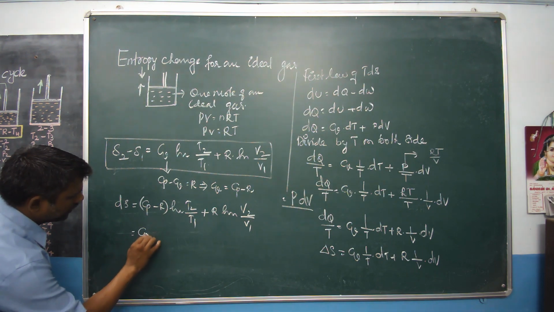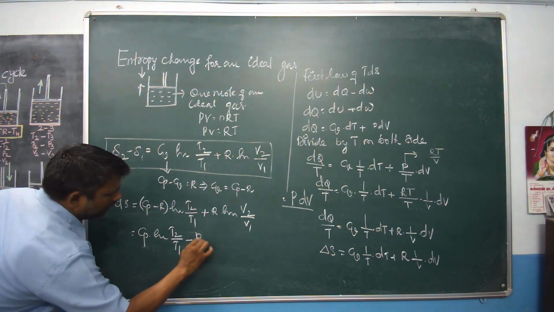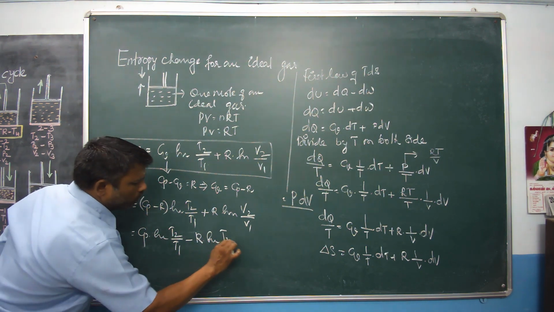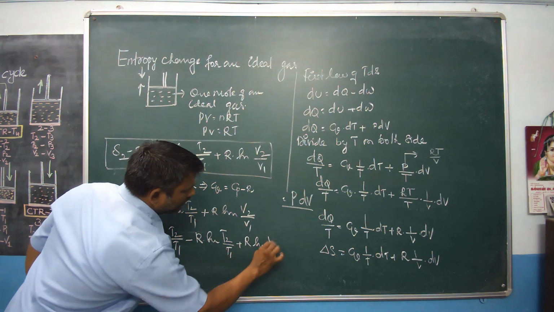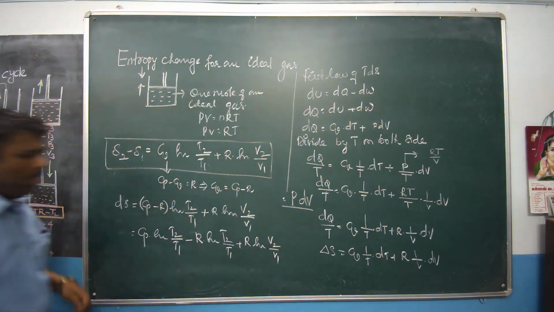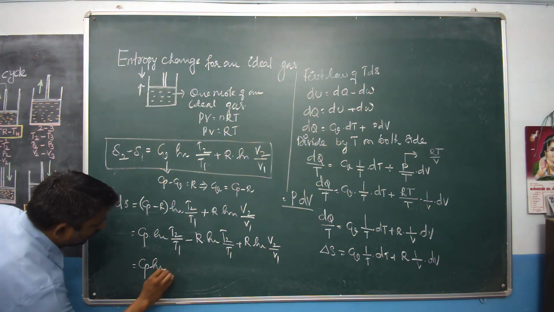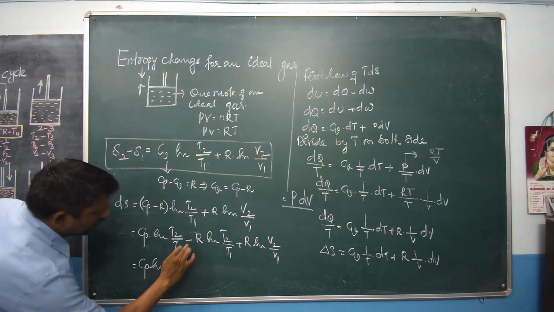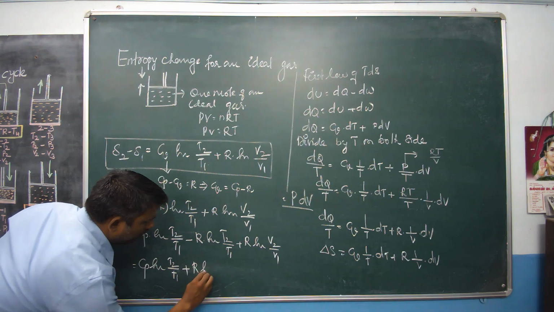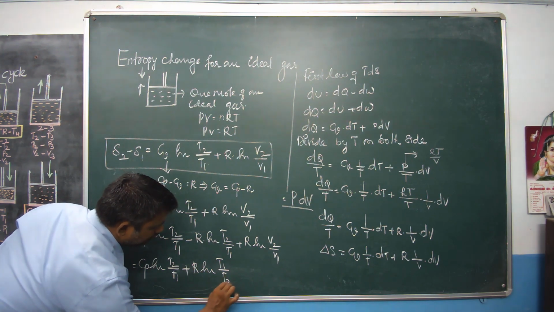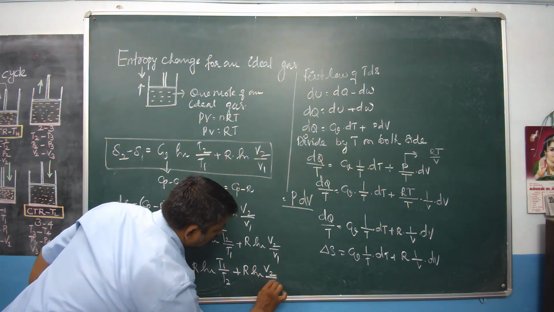Next step, Cp into ln T2 by T1 minus R into ln T2 by T1 plus R into ln V2 by V1. Next step, Cp ln T2 by T1, this minus sign changes to positive, plus R into ln T1 by T2 plus R ln V2 by V1.